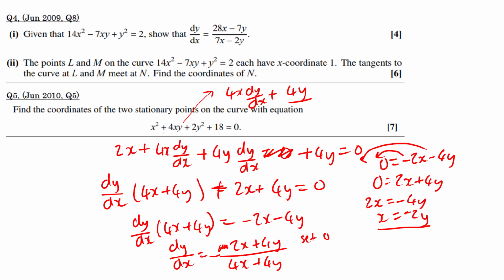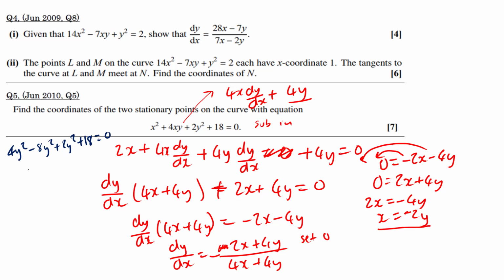So minus 2y, squared. So sub in. Minus 2y squared is going to give us 4y squared. Plus 4, that's minus 8y, that's going to give us minus 8y squared, because that's minus 8y times y. And then we're going to get plus 2y squared plus 18 equals 0.